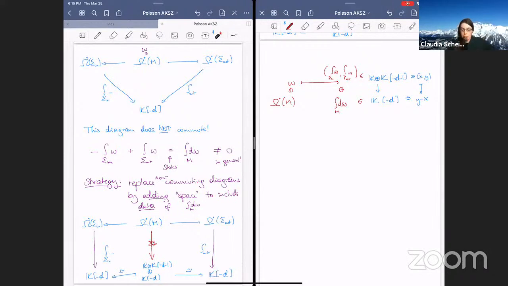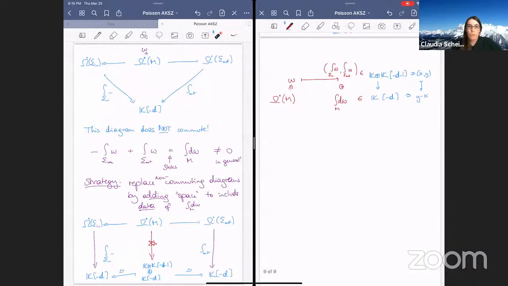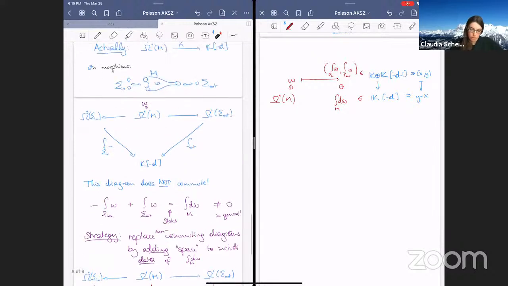So this is the first example of why this naive integration would not give us the coherent diagrams that we want. And in infinity categories, unfortunately, you have to keep track of all this stuff. But altogether, you can do this and add a lot of data and add a lot of coherences and fiddle around with it for a while, and then you get the actual functor.